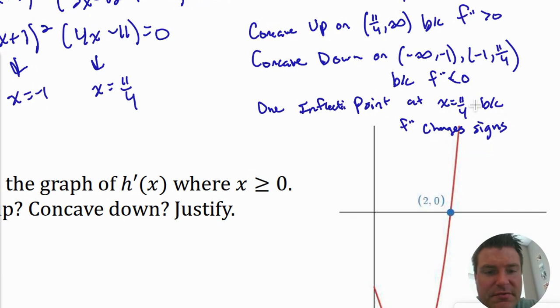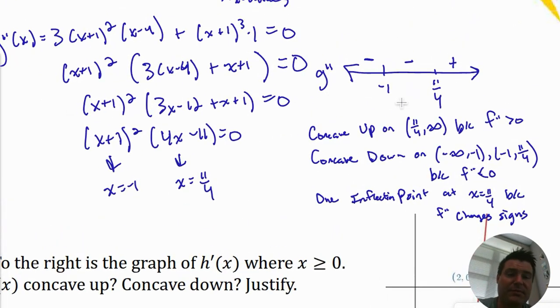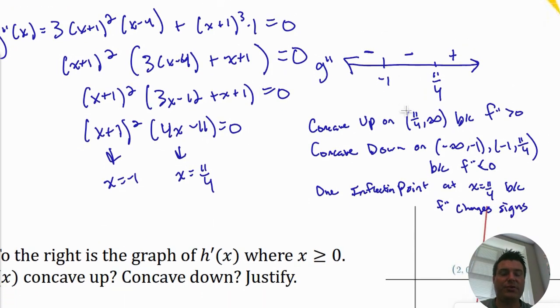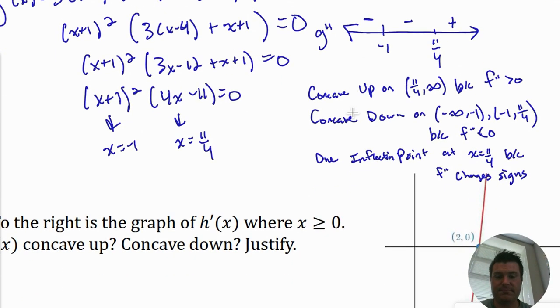I didn't even finish the word inflection. There we go. So that is going to wrap up that question right there. And I do not have an inflection point, by the way, at negative 1, because we do not change signs. It's a huge mistake that a lot of people make: you only have inflection points when concavity changes, not when the second derivative is equal to 0.